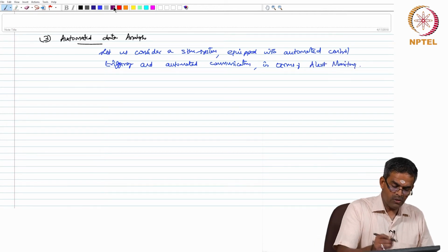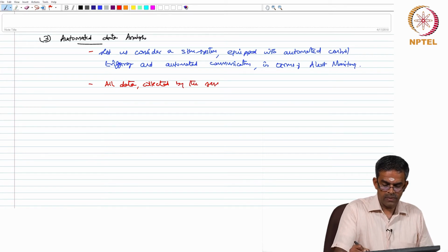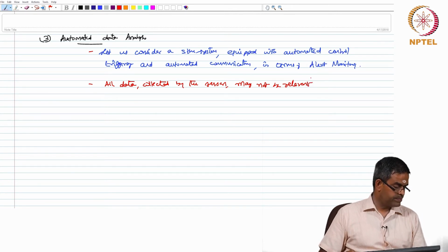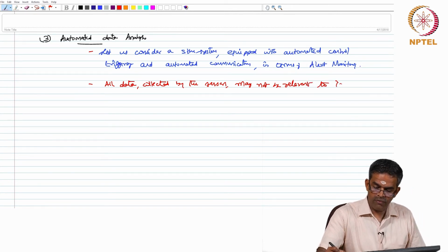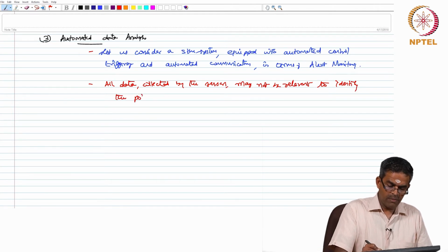It is very important to know that all data collected by the sensors may not be relevant to identify the potential damage.